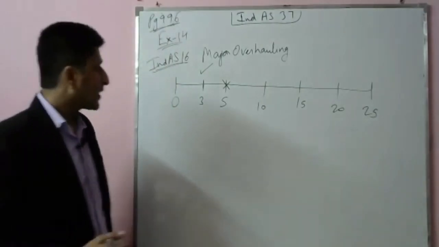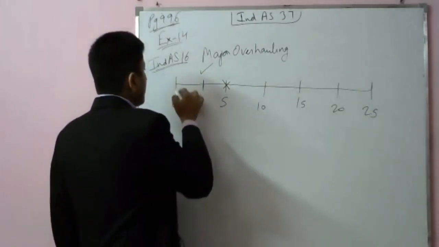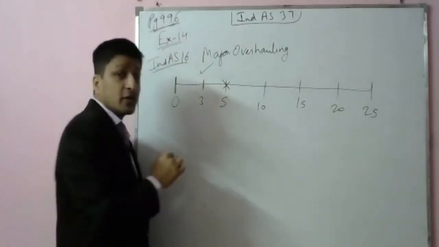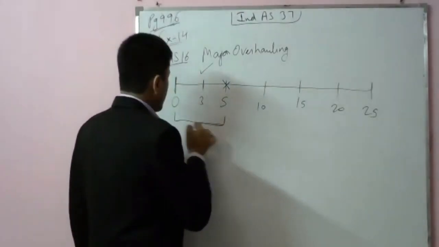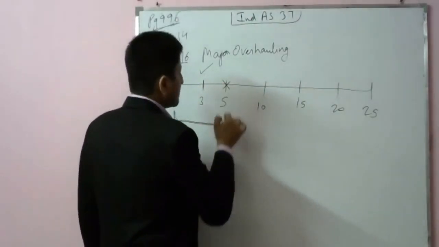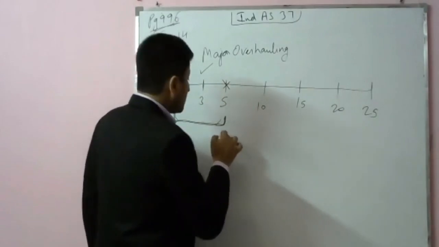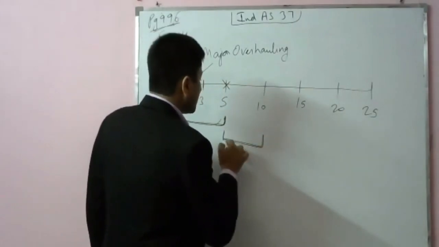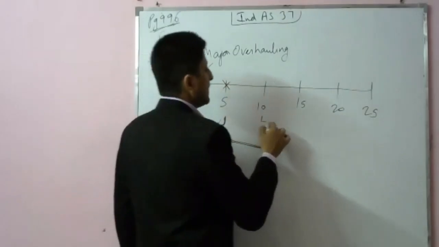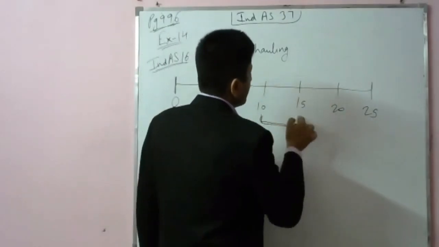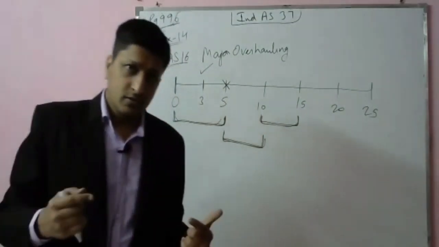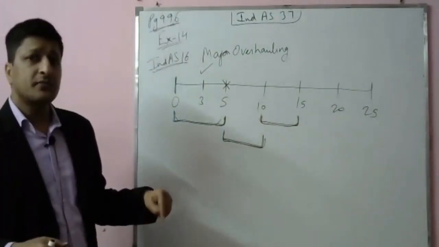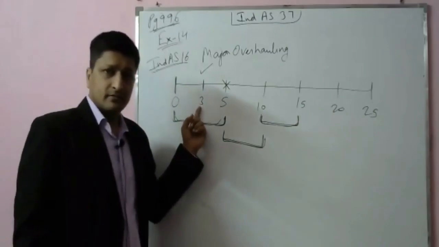So what will happen? Whenever there is a refurbishment cost incurred, that will be depreciated over a period of 5 years. When this gets incurred again, it will be depreciated over the next 5 years, then again over the next 5 years. So this is how it will keep going on. So no obligation therefore arises on this.